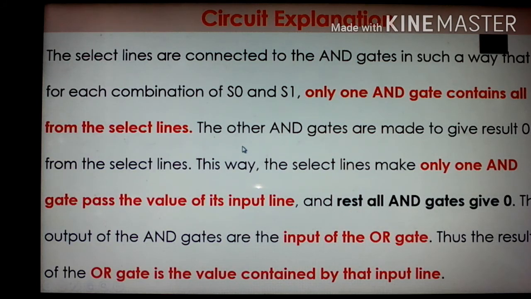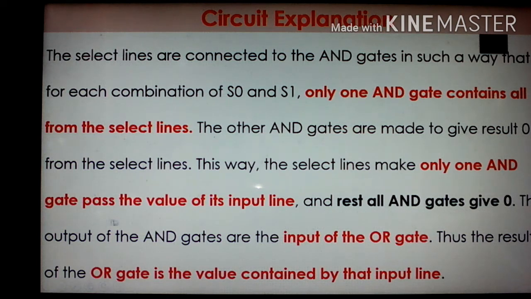Let us see the working of this multiplexer. The select lines are connected to the AND gates in such a way that for each combination of S0 and S1, only one AND gate receives all 1s from the select lines. The other AND gates are made to give result 0.